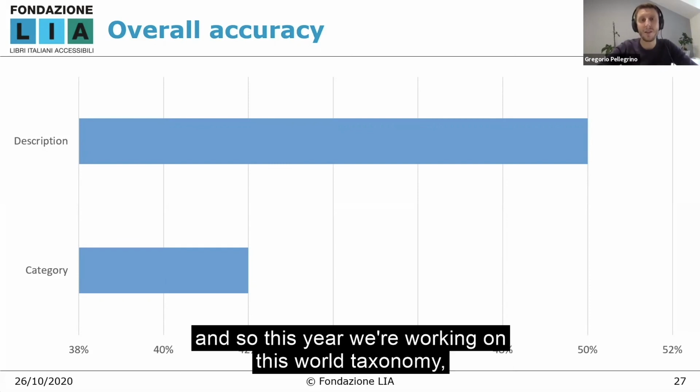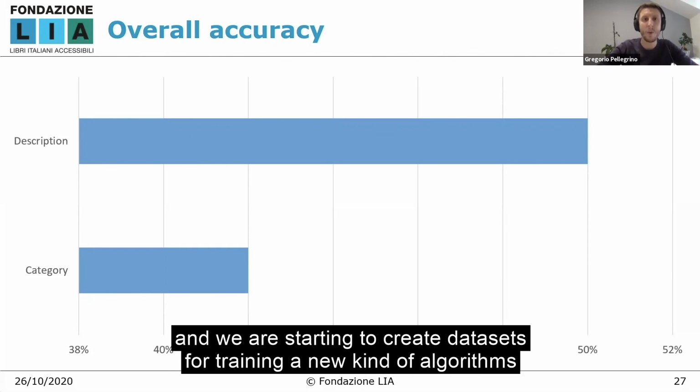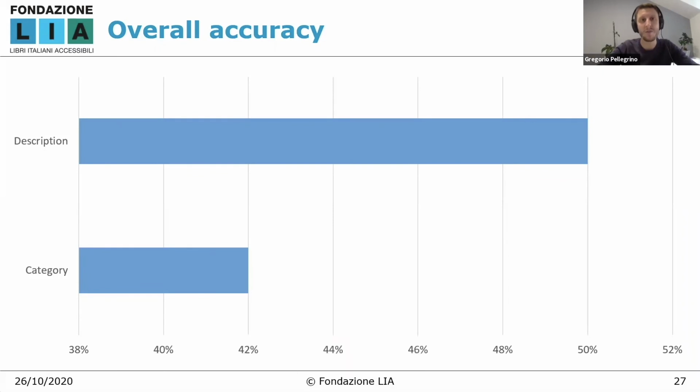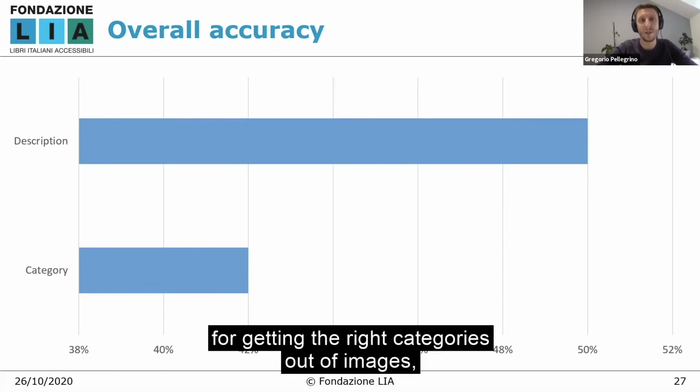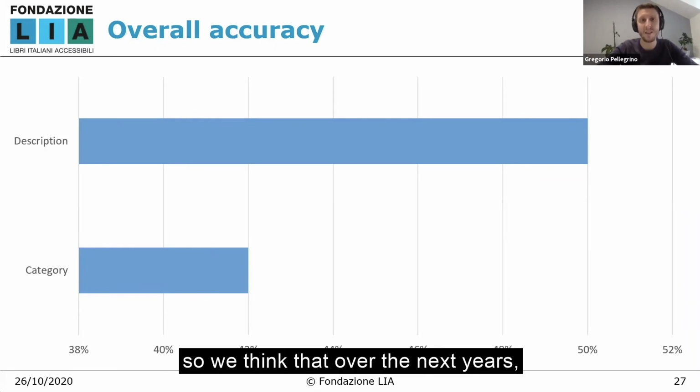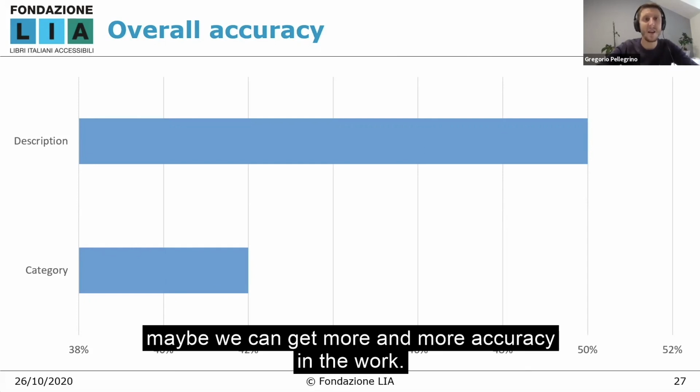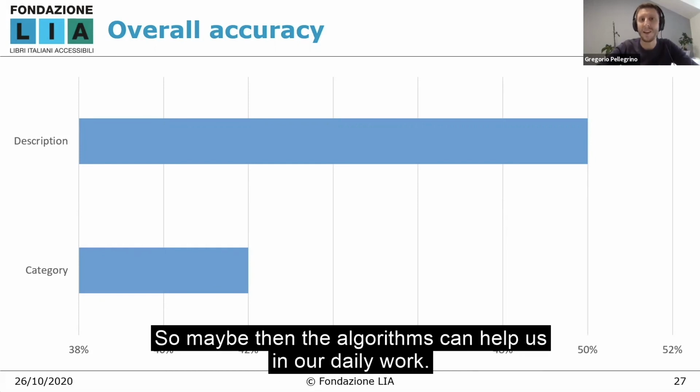We worked this year on this whole taxonomy, and we are starting to create data sets for training new kinds of algorithms for getting the right categories out of images. So we think that in the next years, maybe we can get more and more accuracy. So maybe then the algorithms can help us in our daily work.